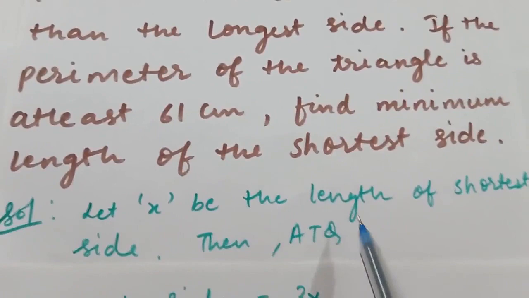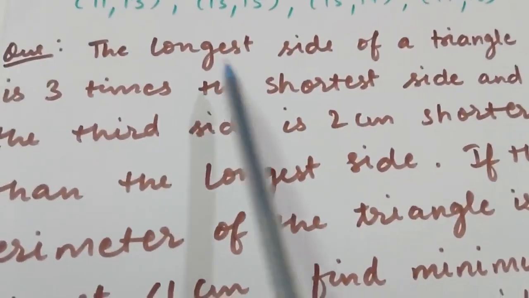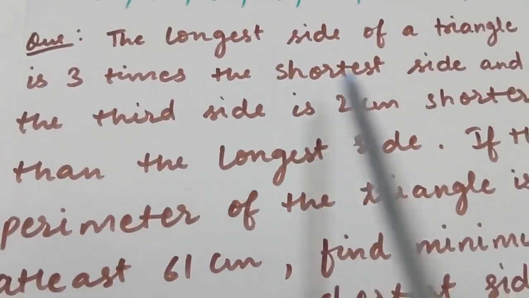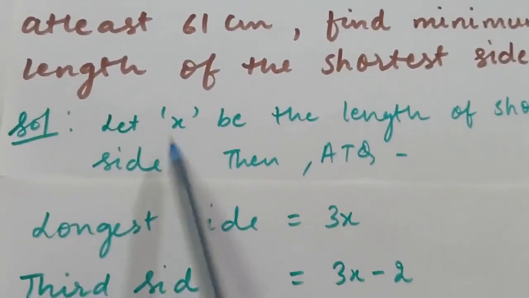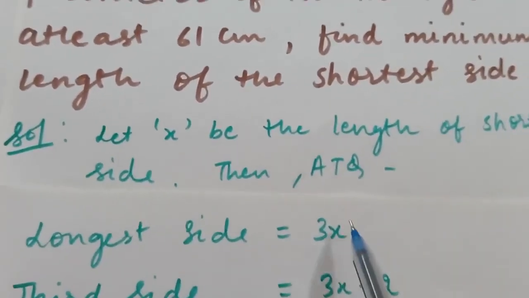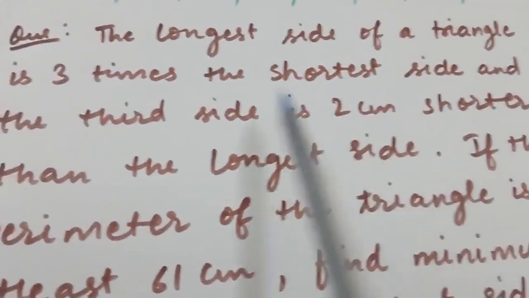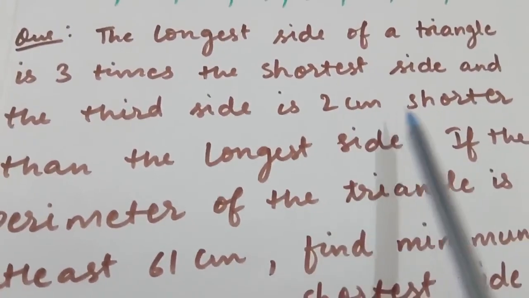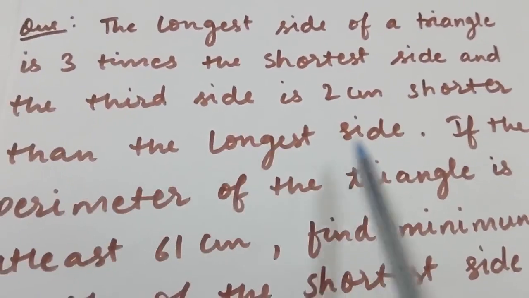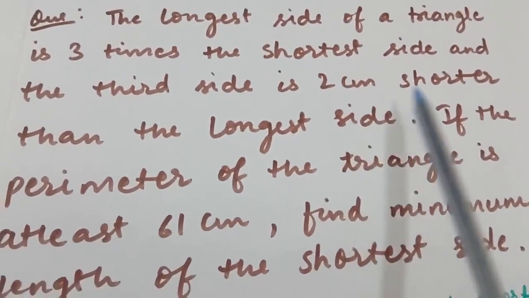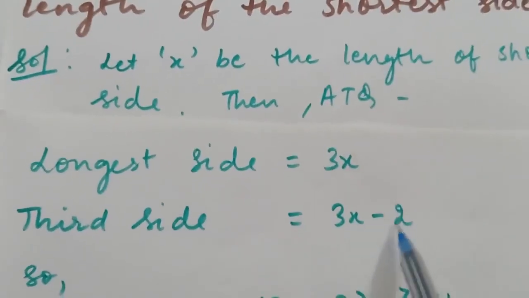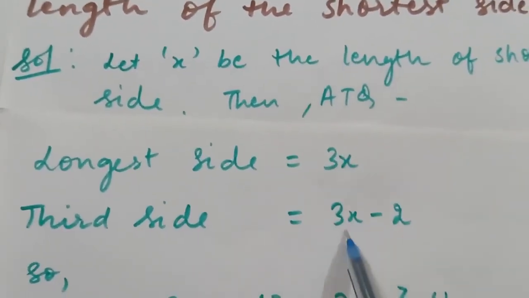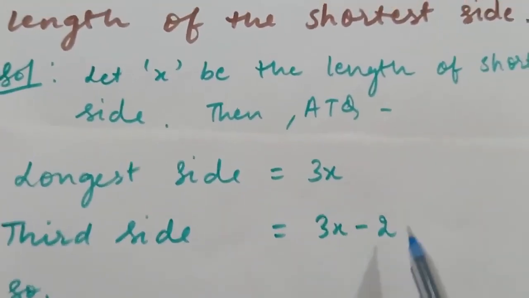Then according to the question, see what is given. Longest side is 3 times the shortest side. So if the shortest side is x, the longest side will be 3x. And the third side is given as 2 cm shorter than the longest side, that is 3x minus 2.